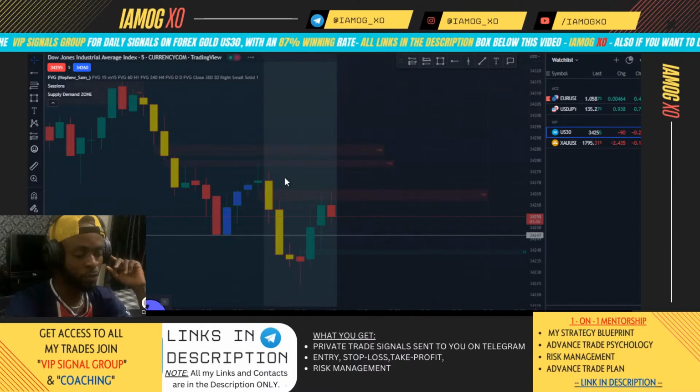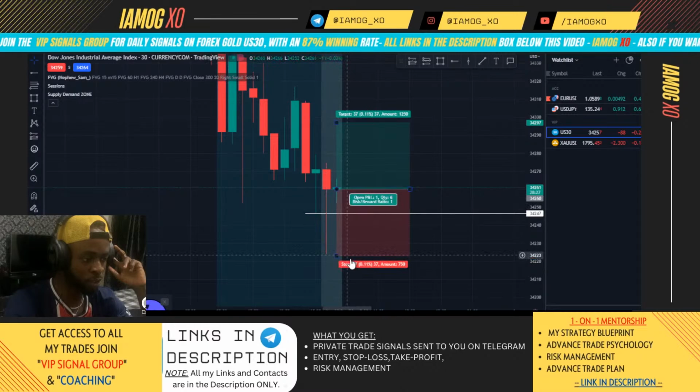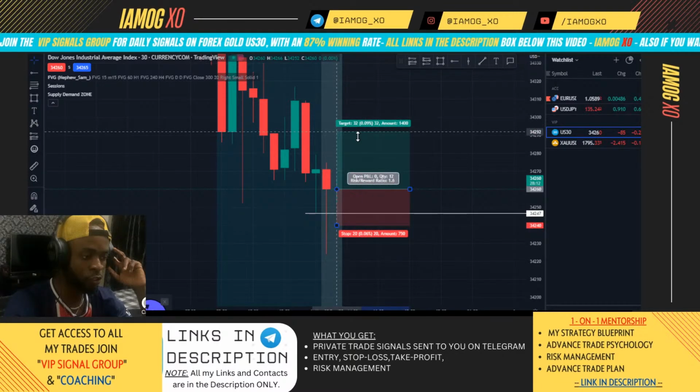This is how I'm going to take this trade. My stop loss should be, let's say, 20 pips. So my stop loss should be 20 and my take profit should be 1 to 2.